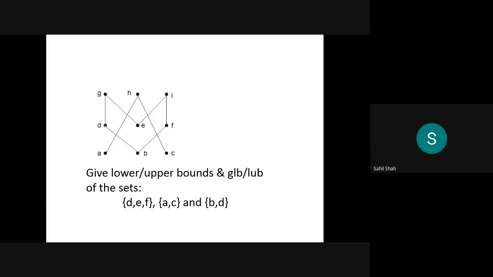If we observe pair D, E, F, what are the lower bounds of D, E, F? Remember that while computing either lower bound or upper bound, all the elements should be related with something down the line. Otherwise, there will not be any lower bound or upper bound.